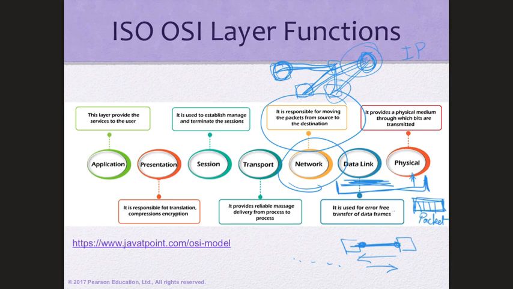So a group of packets, how many depends on what is your total message size, okay? A group of packets that contains a complete set of information, like a full image, full document, full page, full video, voice, whatever, okay, is called a message.